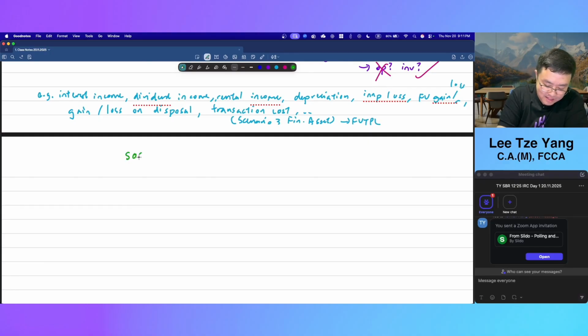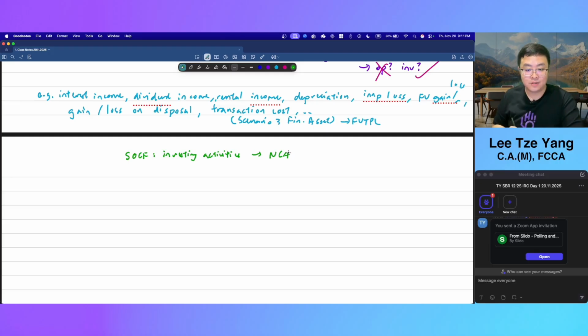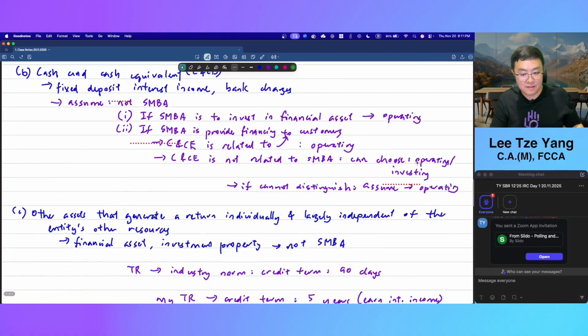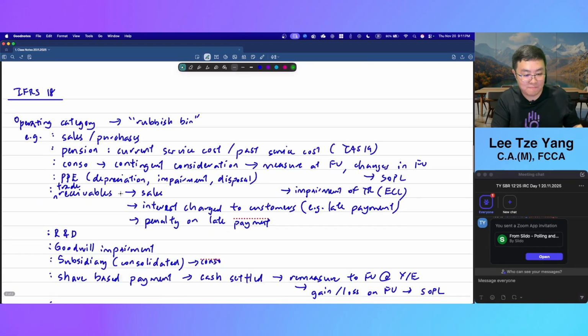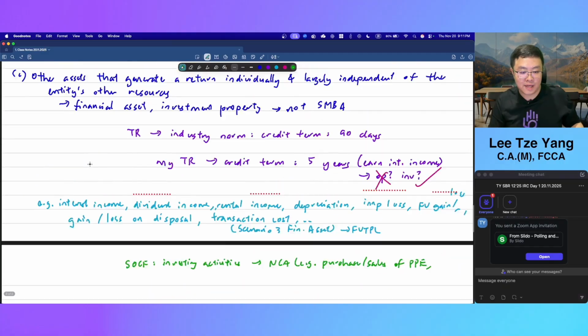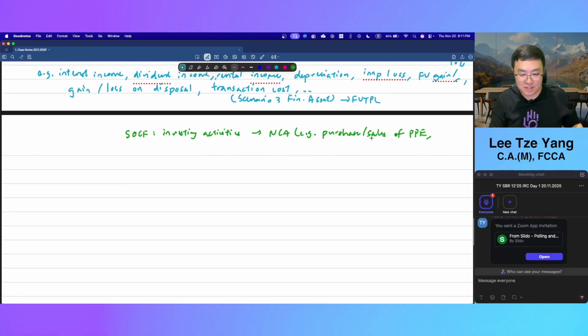In the statement of cash flow, the investing activity is actually on non-current assets. For example, purchase or sales of PPE. Just now I told you PPE-related items are operating, but that's for SOPL. For cash flow, purchase and sales of PPE is investing.